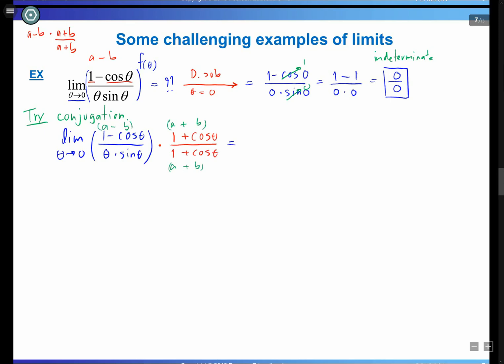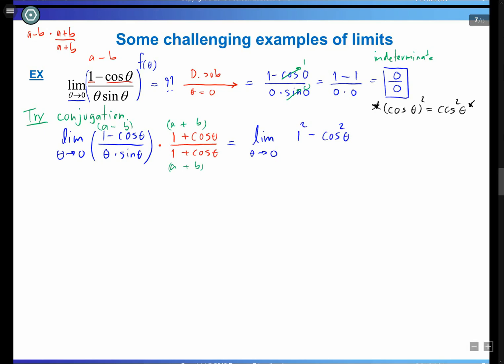What we have right here is a squared minus b squared. So once again I have the limit as theta approaches 0, and now a squared minus b squared: 1 squared minus cosine theta squared. By the way, I need to let you know that (cosine theta) whole term squared is the same as cosine squared theta, same meaning, just in case some of you don't know about this.